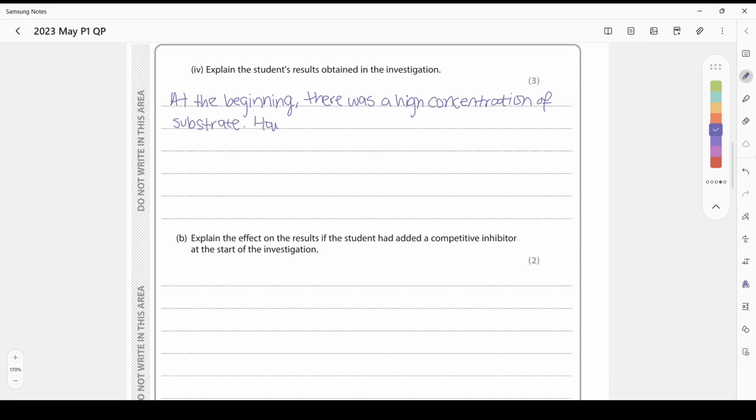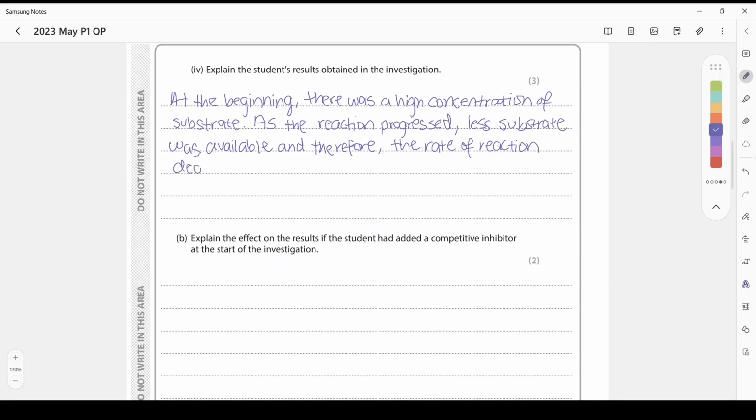As the reaction progressed, less substrate was available, and therefore the rate of reaction decreased.